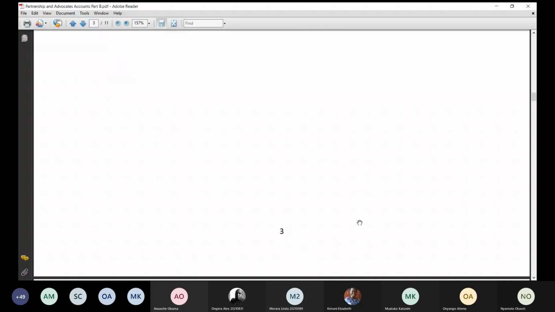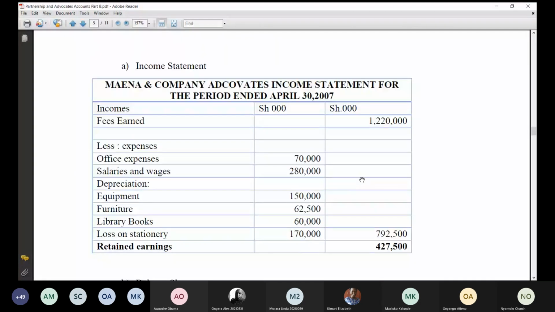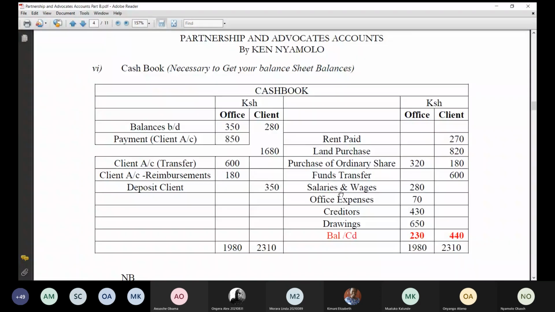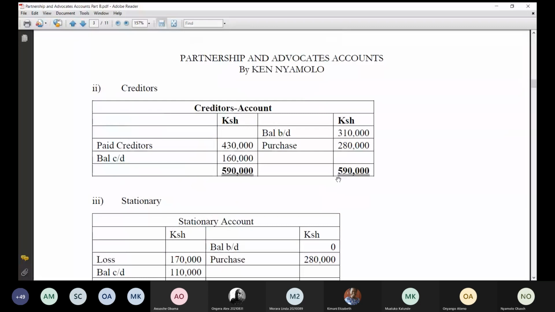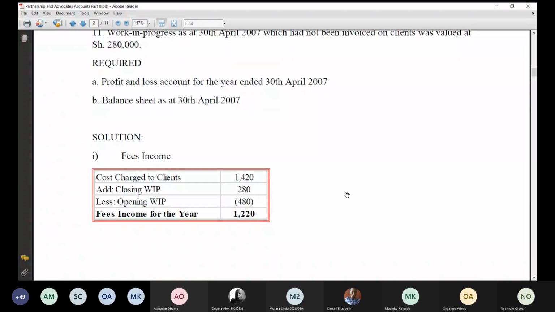So then, having shown you that, allow me to very quickly take you to the workings for the income statement. The format of the income statement still remains the same. We are told that the cost charged to the clients were 1,420,000.